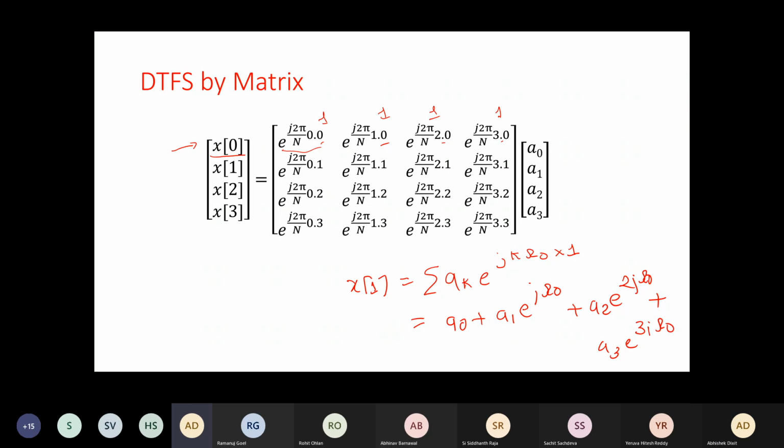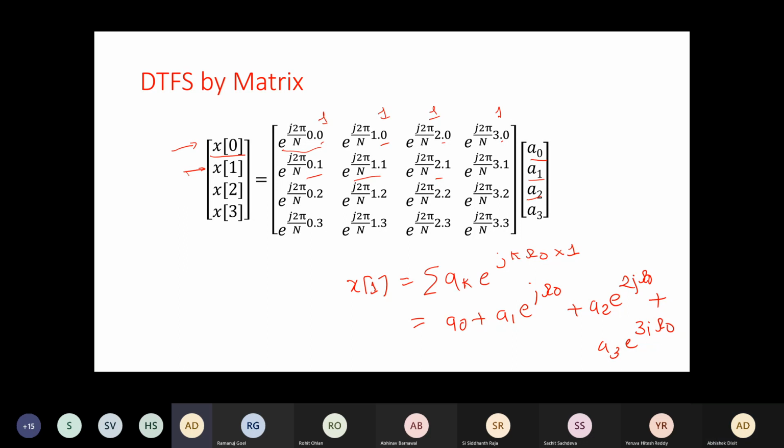So x[1] is A0 times 1 plus A1 times e to the power j omega naught, where 2 pi by N is omega naught, plus A2 times e to the power 2j omega naught, and so on and so forth. The idea is that there is a matrix relationship between x[n] and the A_k.